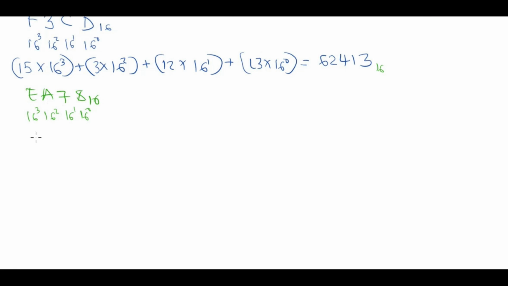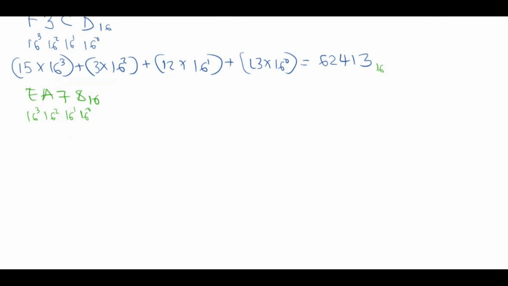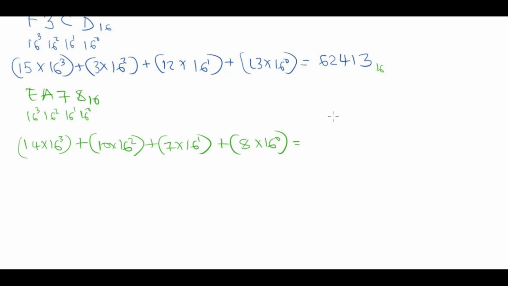So E is 14. 14 times 16 power 3 plus 10 times 16 power 2 plus 7 times 16 power 1 plus 8 times 16 power 0. This will give you 60,024. This is base 10.